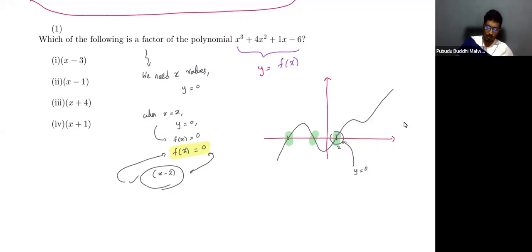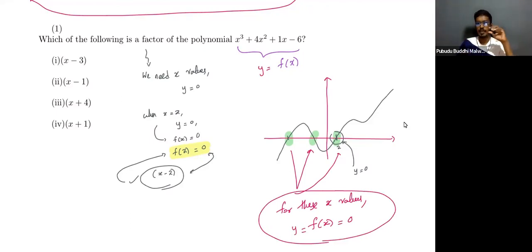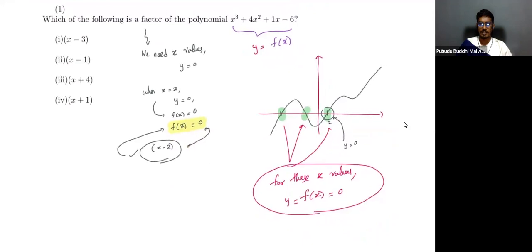What do we know about these points? For these x values, f of x or y equals 0. That's what we know. So if you can compute those x values, then you can compute factors very easily.